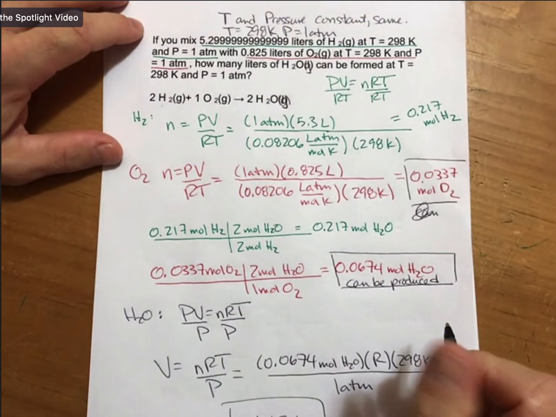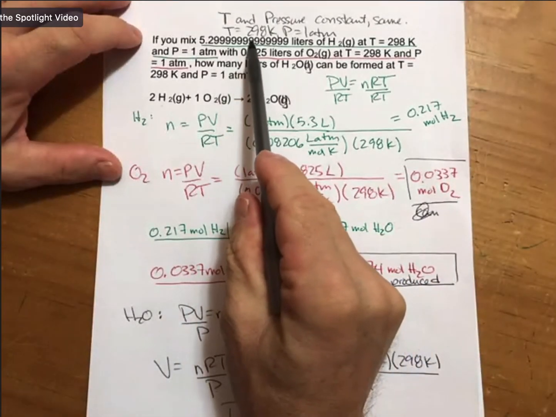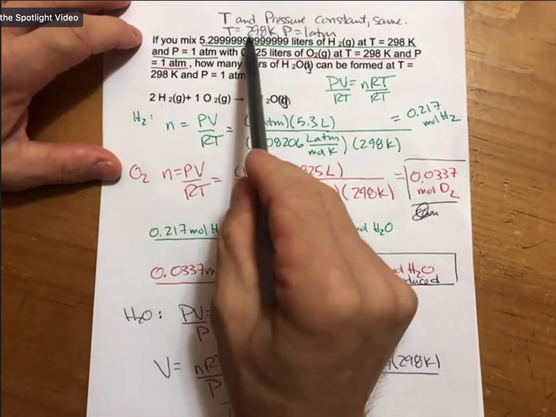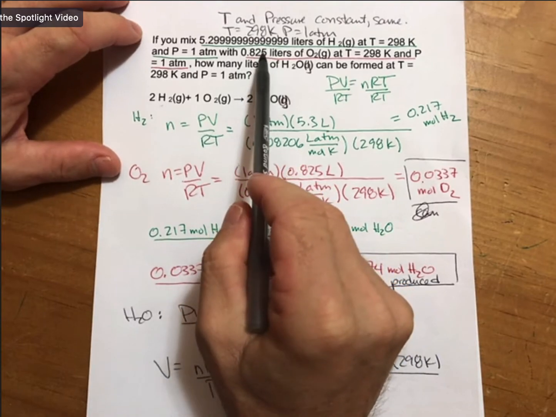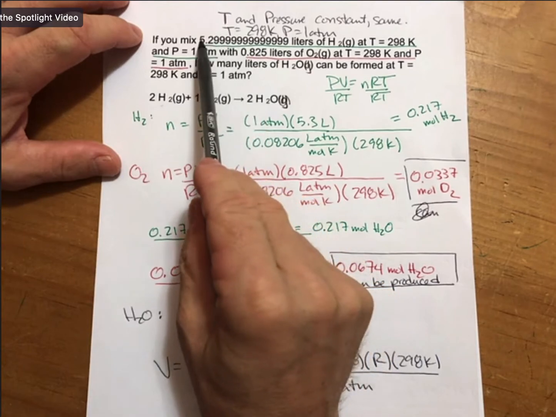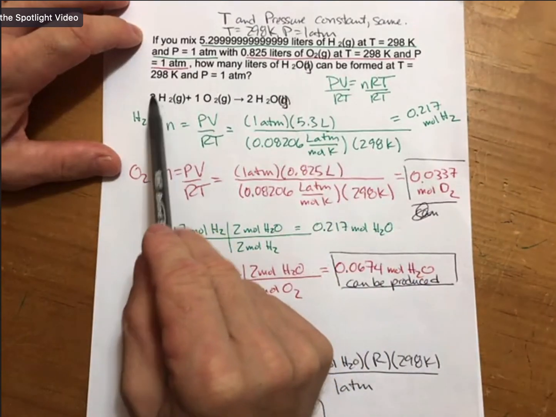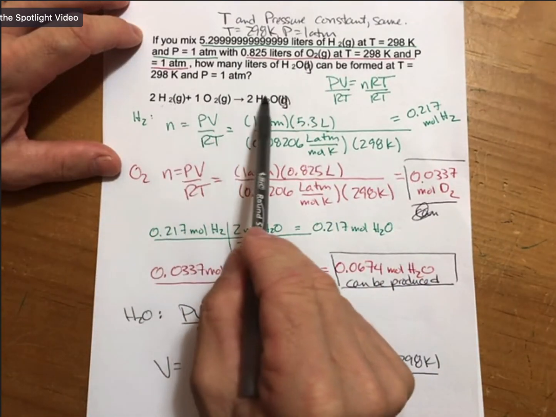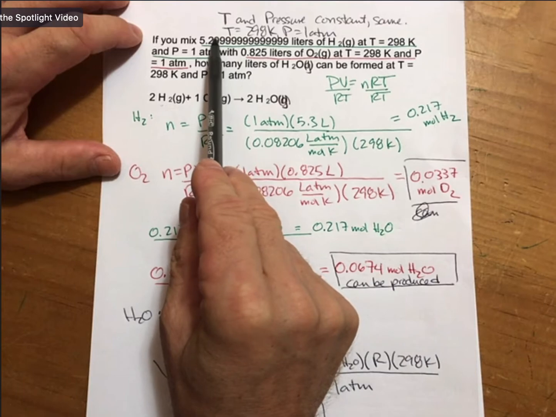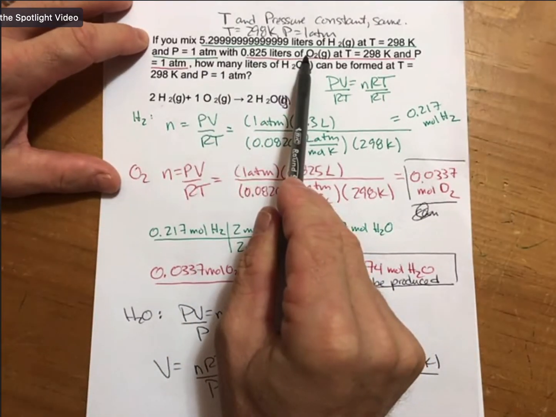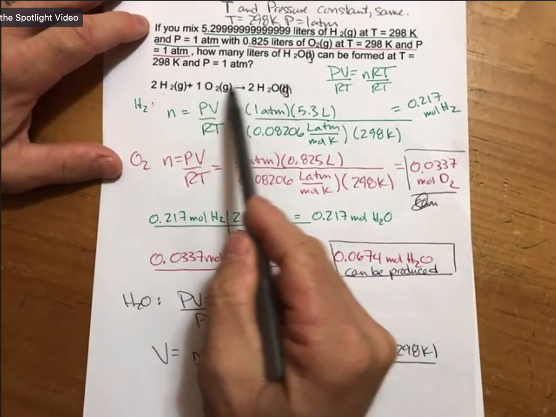In that case, you can actually work this problem just using liters, meaning that if I take my liters of hydrogen and convert them into liters of H2O, I would get exactly the same number. Whereas my liters of oxygen actually gets doubled because there's a 1:2 ratio there.